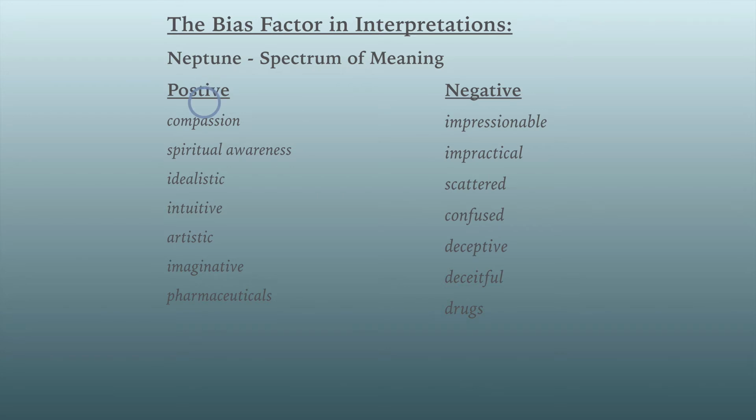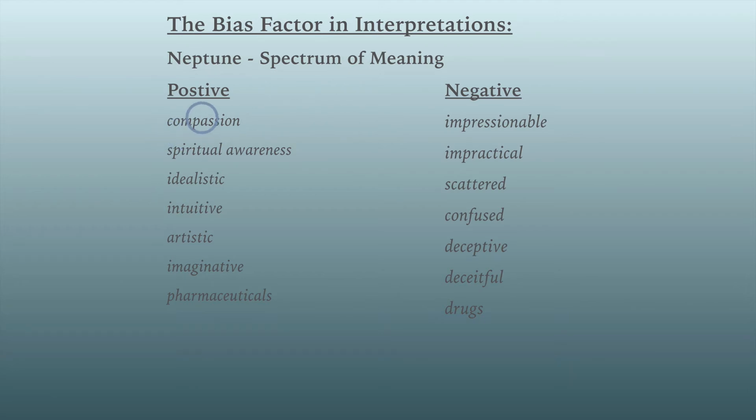So what are some of the positive meanings of Neptune on a spectrum between positive and negative? And nobody hangs out all the way on the positive side or all the way on the negative side, generally speaking. Everybody I know who has a strong Neptune, maybe a strong Pisces, has some combination of these things, but maybe the proportion might be 10-1 positive or vice versa.